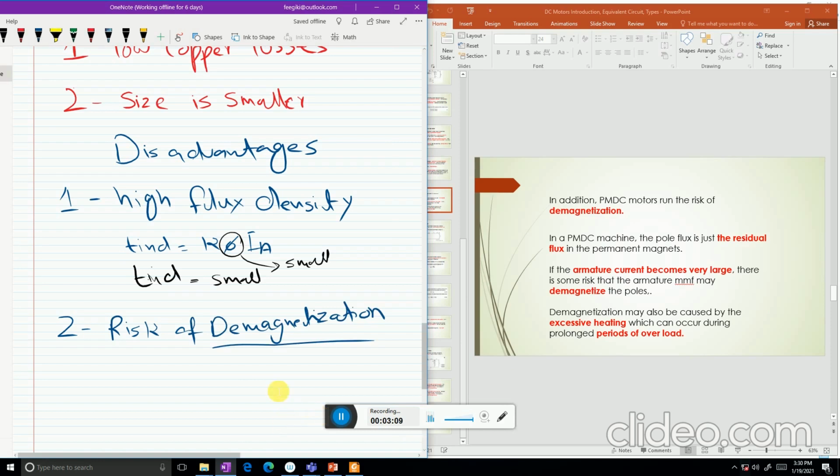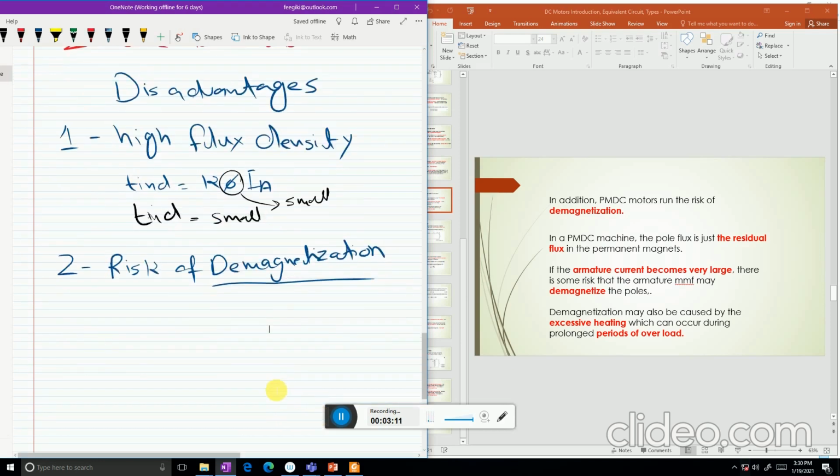For example, as the flux is produced by permanent magnets, the nature of permanent magnets can be changed during heating. If the motor is running continuously overloaded and heats up, the nature of the permanent magnet may change, and this flux value will change, and because of heating demagnetization will occur.